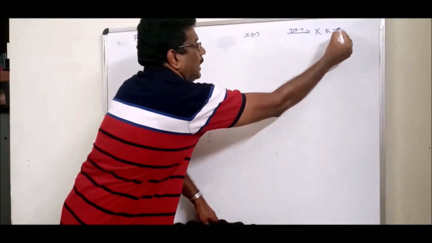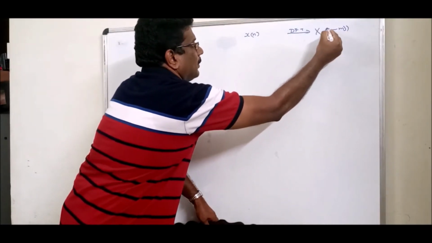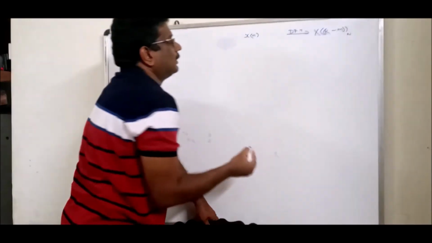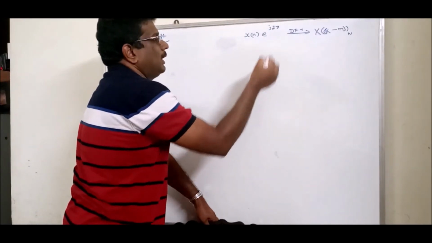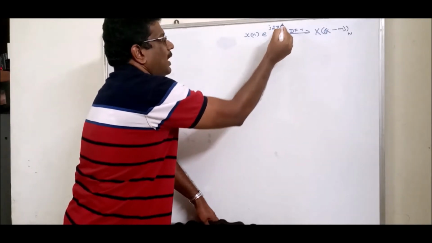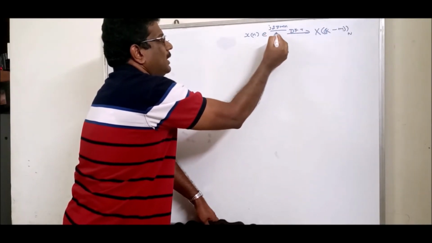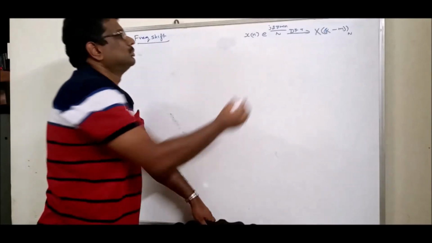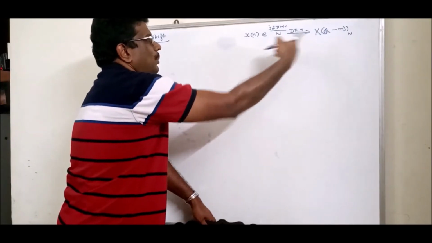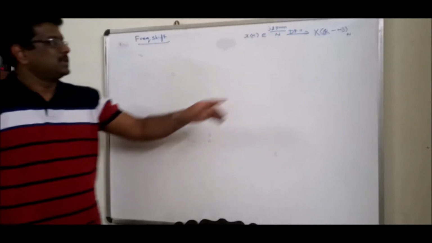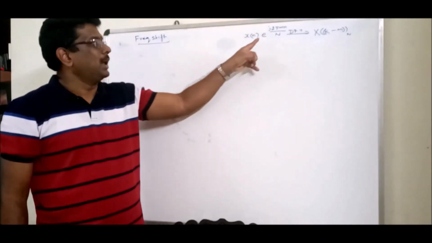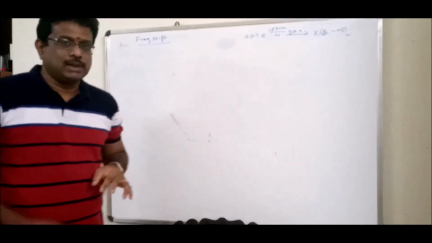Let us do k minus m double bracket n. Then here it will be e power j 2 pi, the shifting is m value with n domain divided by n. You will get the opposite sign, so minus becomes plus. So shift in frequency domain is multiplying by e power j in time domain.